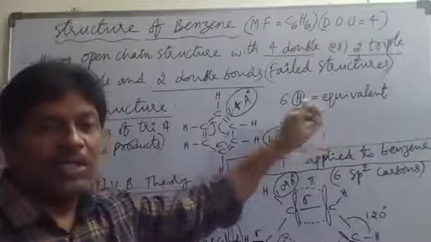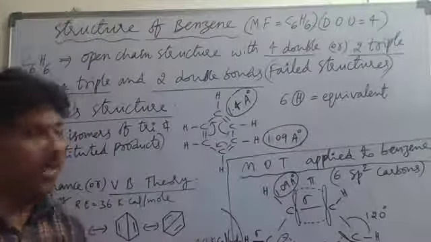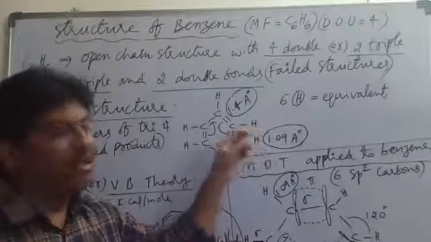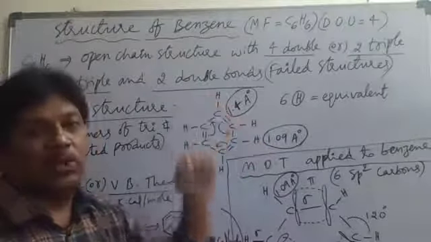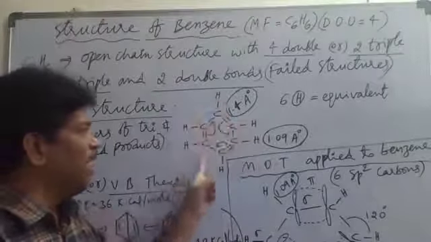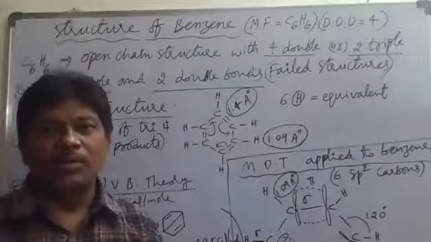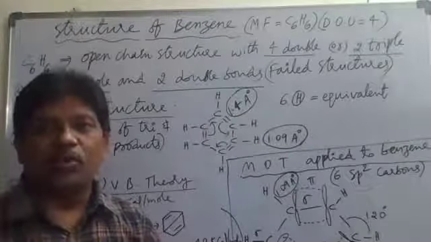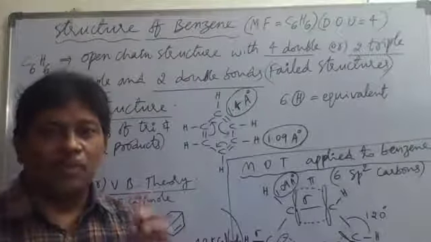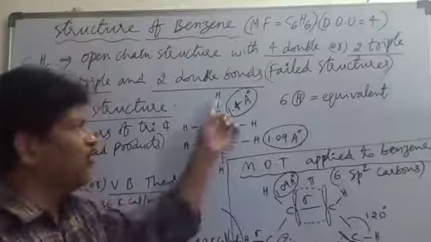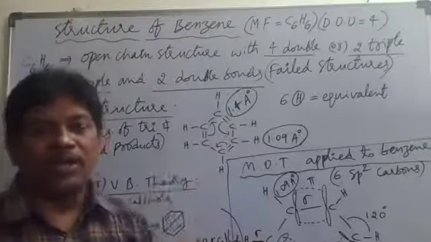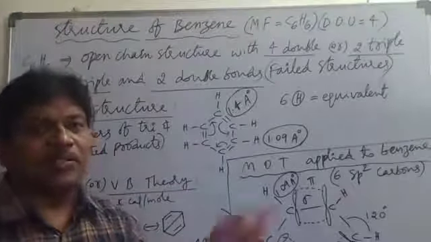That means when we add chlorine, the chlorine replaces any one hydrogen to form monochlorobenzene, a mono substituted benzene. Mono means one: mono substituted benzene means any one hydrogen atom is substituted by another group, so one group is substituted in the place of any hydrogen.